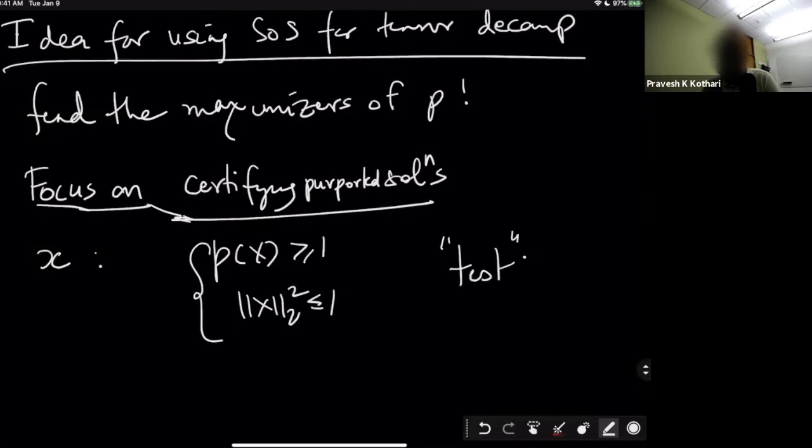Completeness means that all the solutions that should pass the test in fact do pass, which they do. We've confirmed that if I plug in x equals any of a_1 through a_R, then P(x) is in fact exactly equal to 1. So it satisfies the constraints. So the thing to prove is soundness.